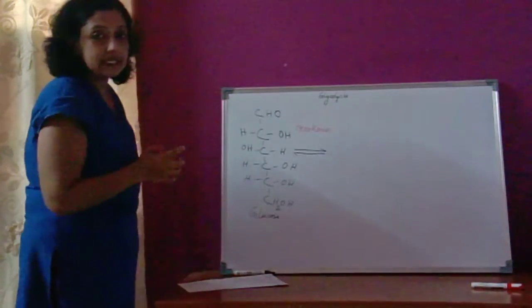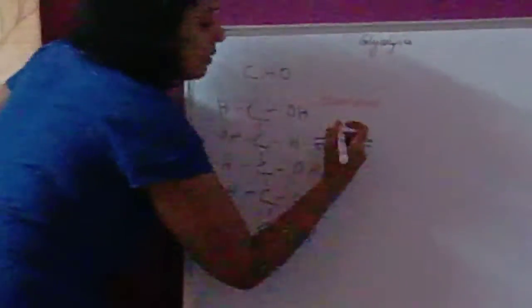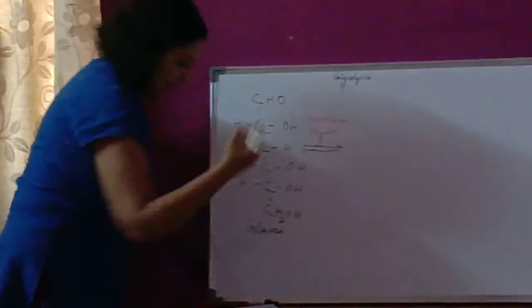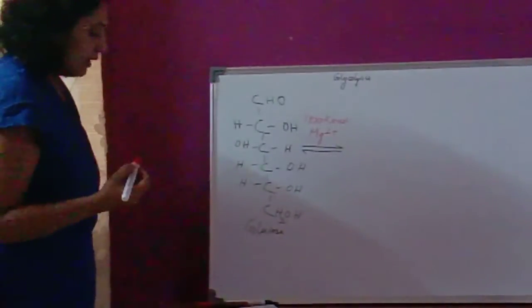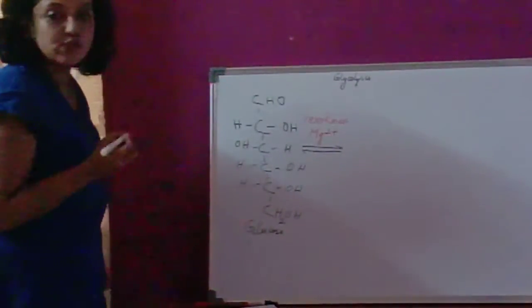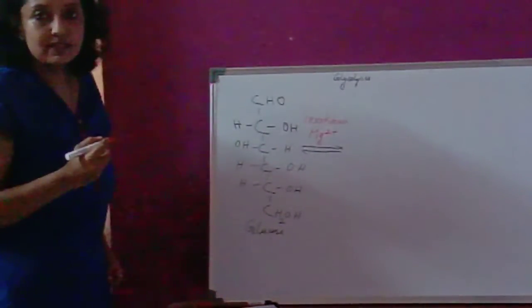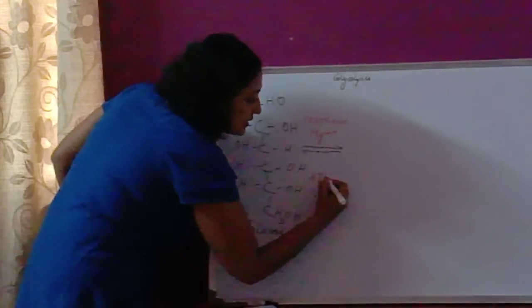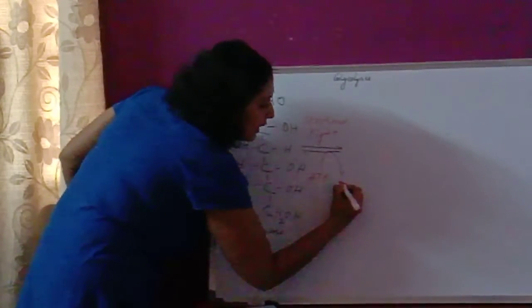Wherever a kinase enzyme is involved, we always have to write the presence of Mg2+ ions. The first step involves phosphorylation, that is, an ATP molecule gets converted to ADP.